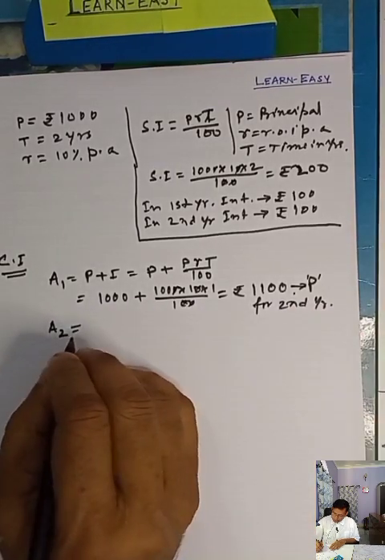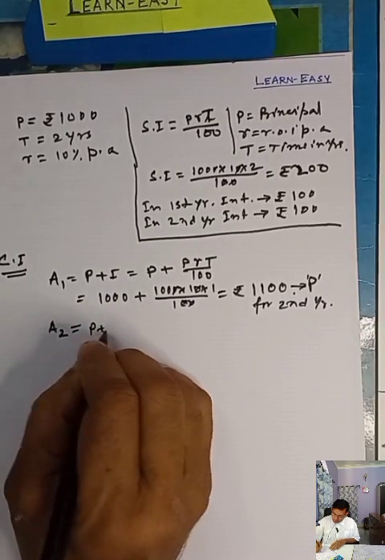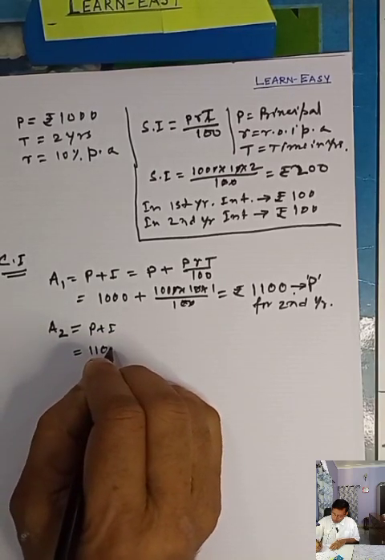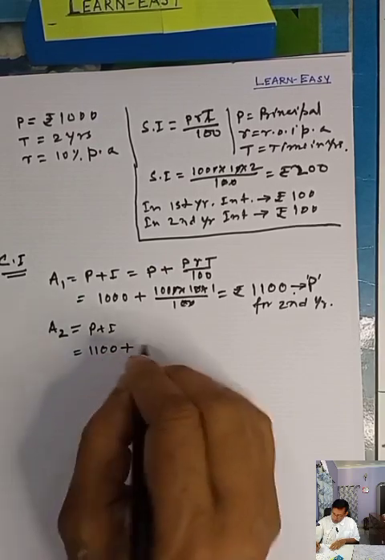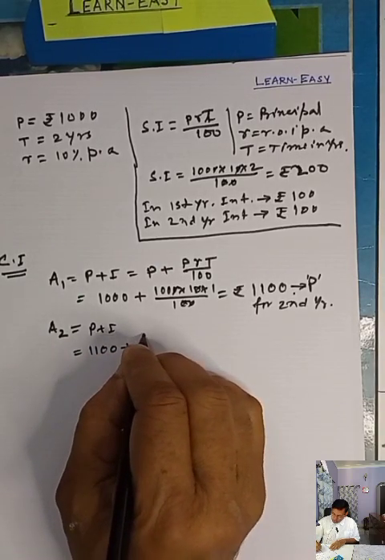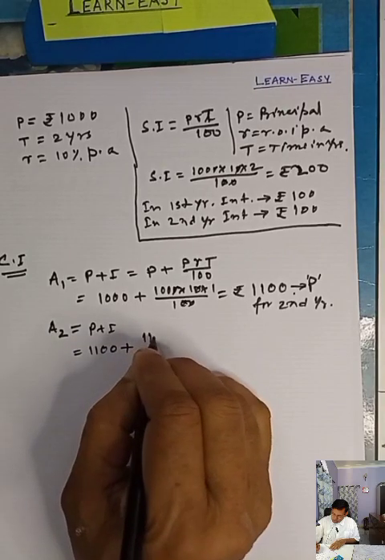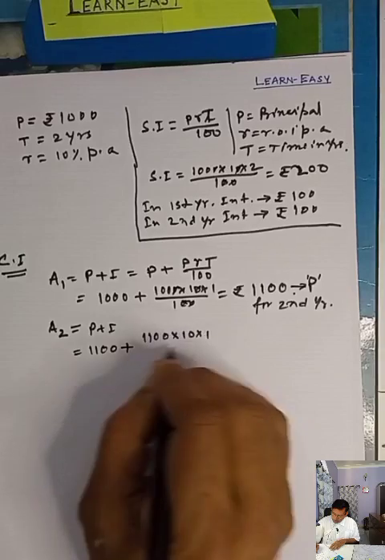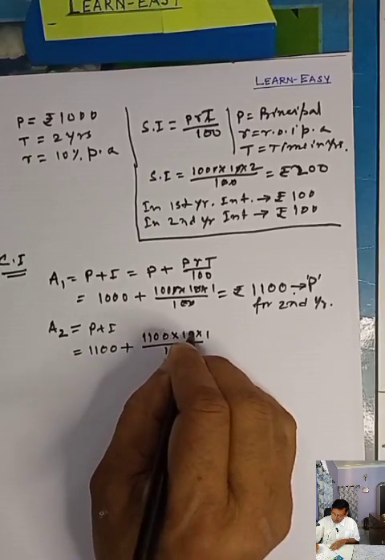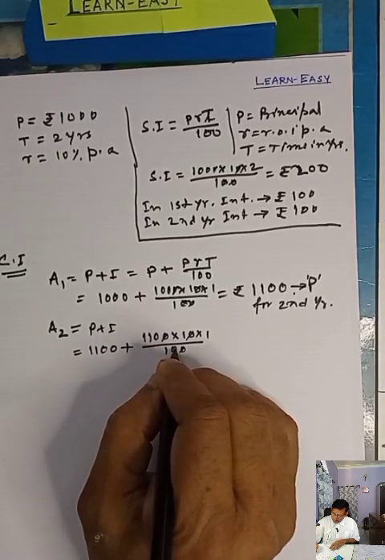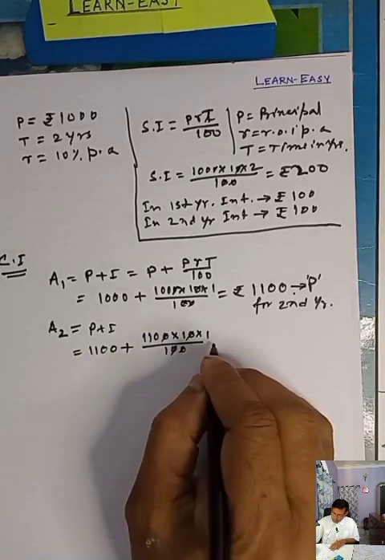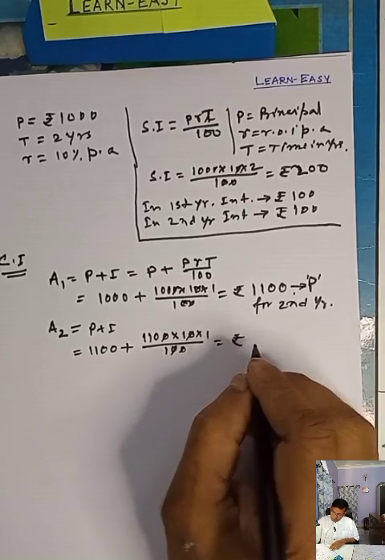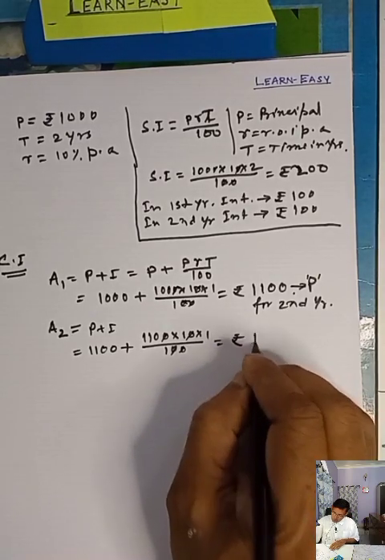So again P plus I, here P is equal to 1100, plus I. Again we have to calculate, I is equal to, on this P, 1100 into R into 1 divided by 100. So it will come rupees 1210.